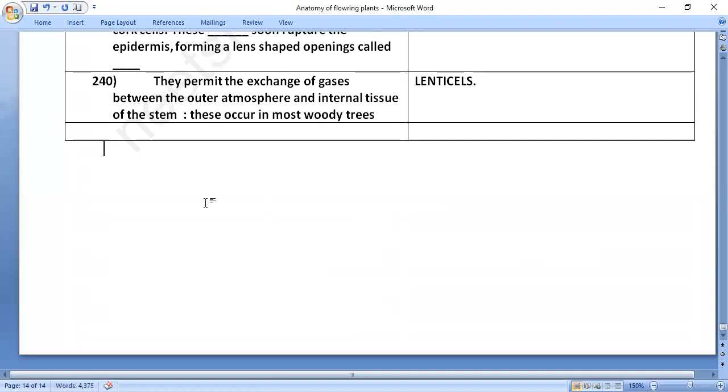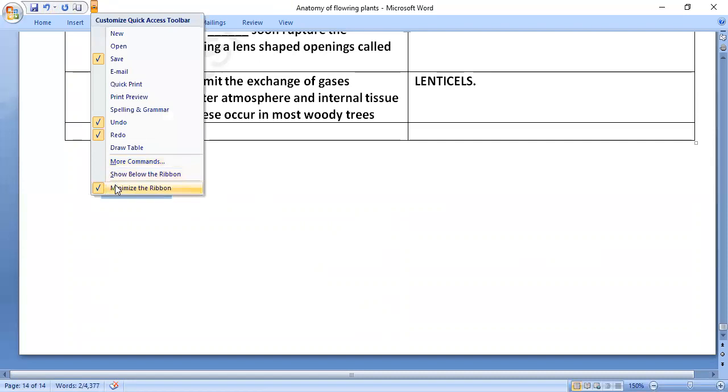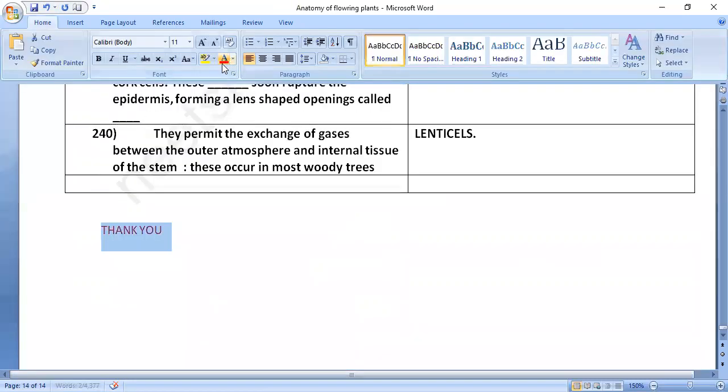So, this is the anatomy of flowering plants. Continuous revision is required. Try to read the textbook first, and then try to answer the questions before the answer comes on the screen.